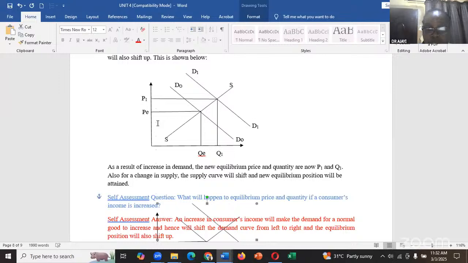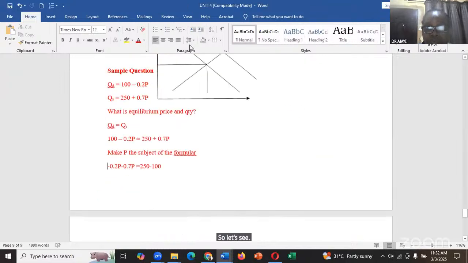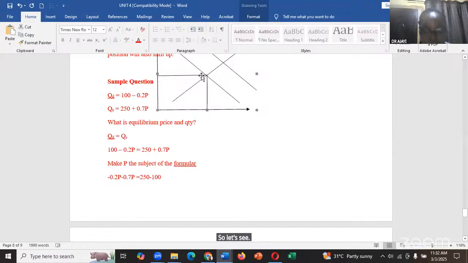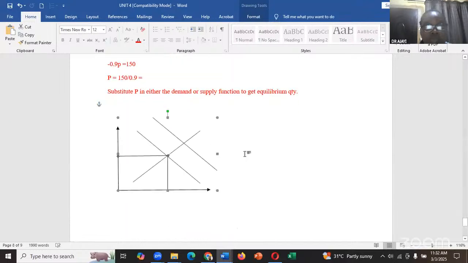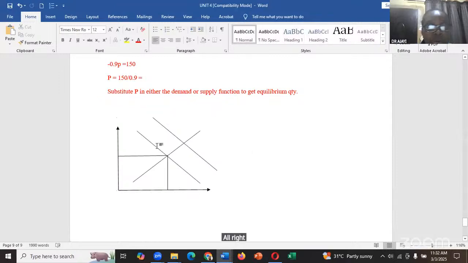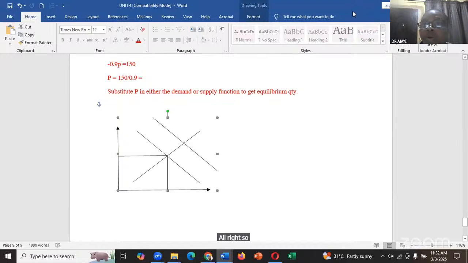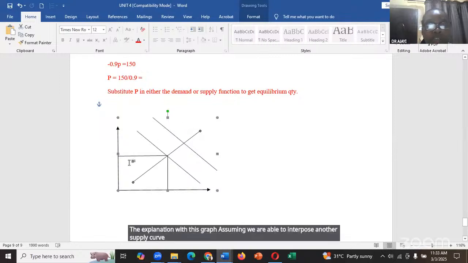So let's see. All right, the explanation with this graph, assuming we are able to interpose another supply curve, assuming we have a new supply curve here, it will definitely be somewhere here.